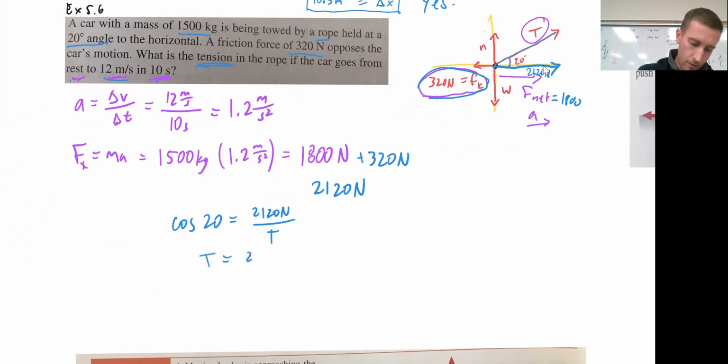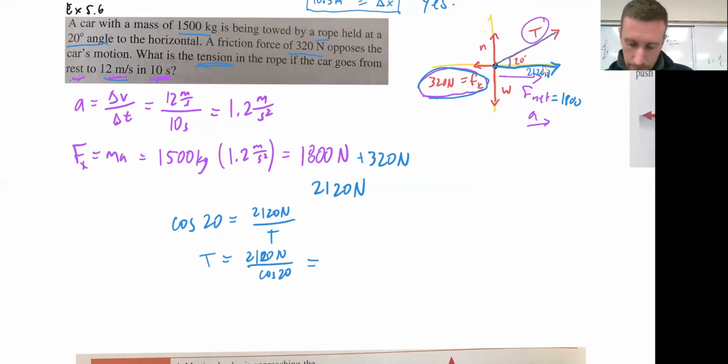T equals 2,120 newtons over cosine of 20. So I'm going to divide that by cosine of 20, giving me 2,256.